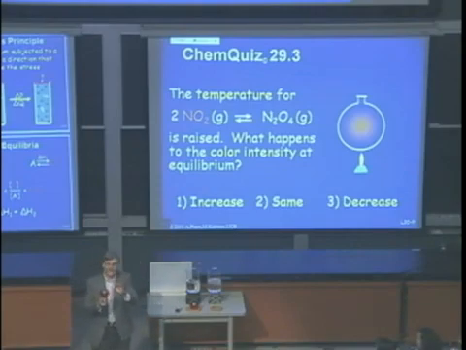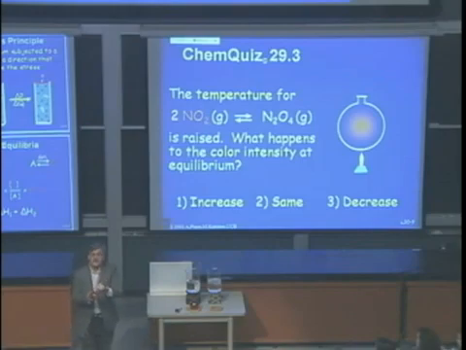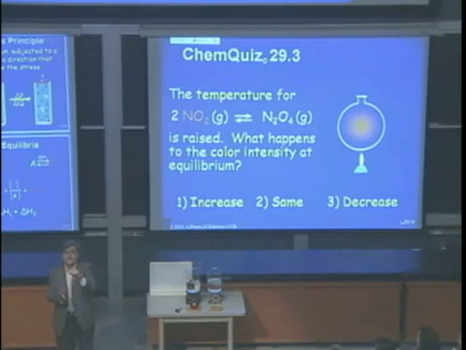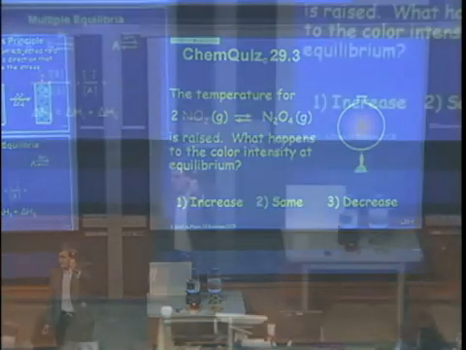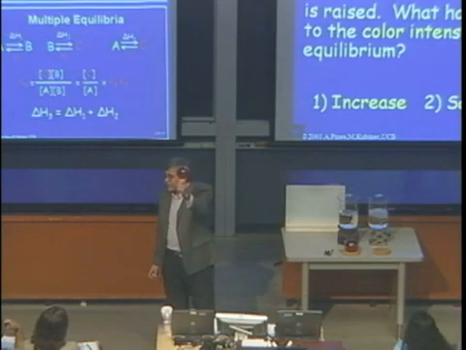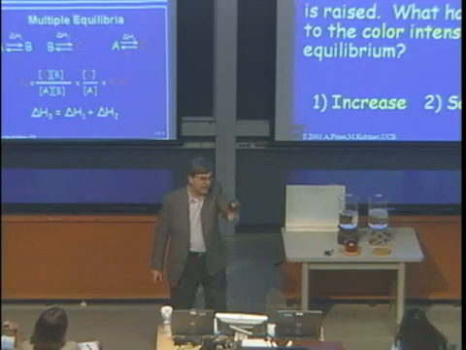I'm just kidding, okay? So this is a dynamic equilibrium. NO2 is brown and N2O4 is colorless. So there is colorless N2O4 in there, but you can't see it because it is overpowered by the brown color, all right?